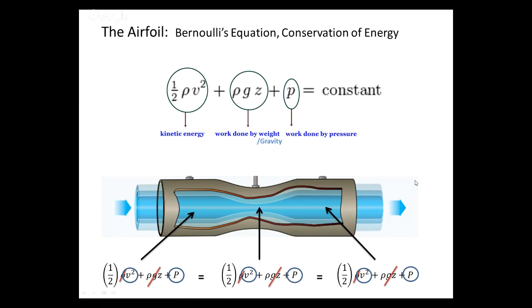That means that velocity of the fluid and pressure are the only parameters that are actually going to be changing in this equation. So in this section right here to the left, velocity is lower than pressure.